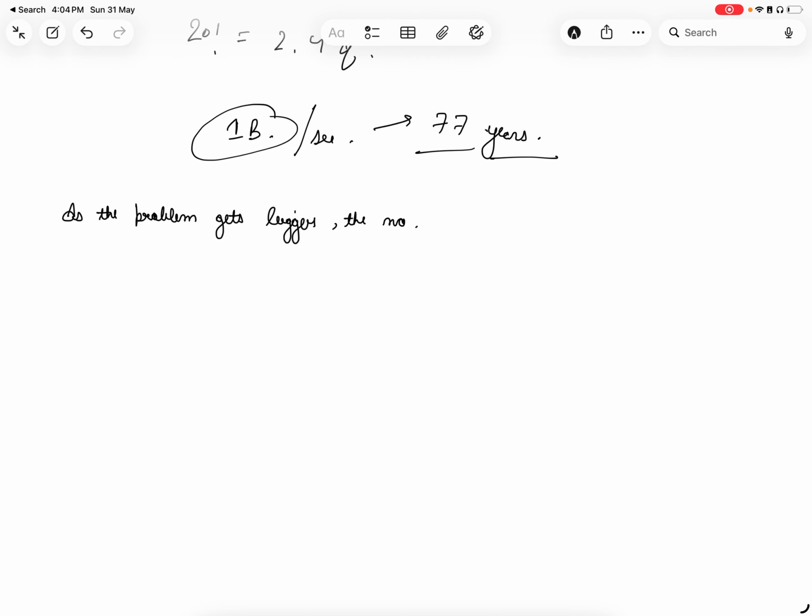The number of possible solutions grows faster than any computer can handle.